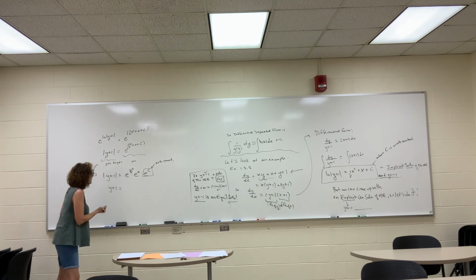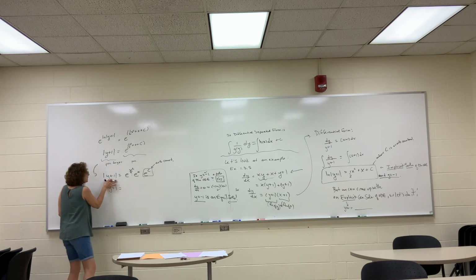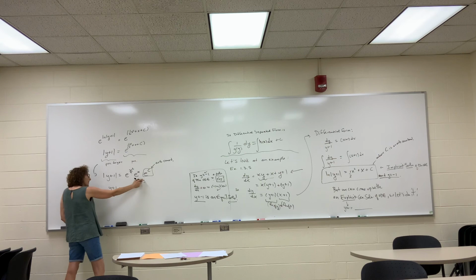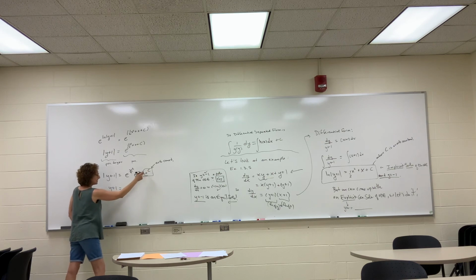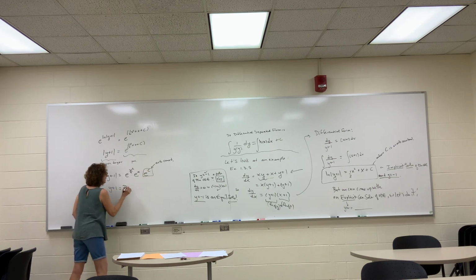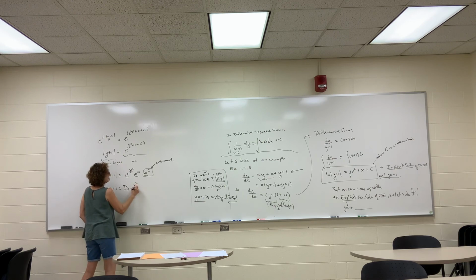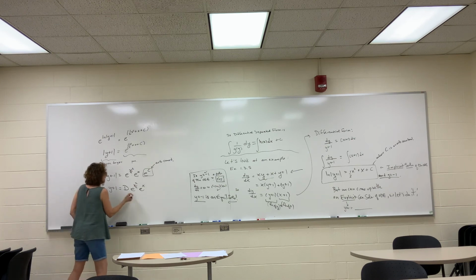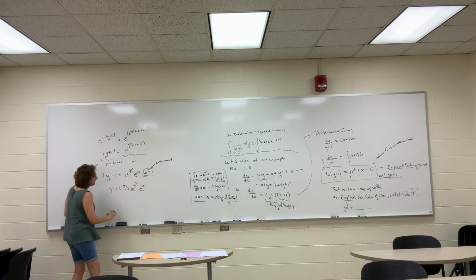If we're going to drop our absolute values, we really would want a plus or minus, but we don't want plus or minus in front of that because this guy always has to be positive, so we could just call it another letter, let's say d. So we have d, e to the x squared over 2 times e to the x. Or we could just leave this as e to the x squared over 2 plus x.